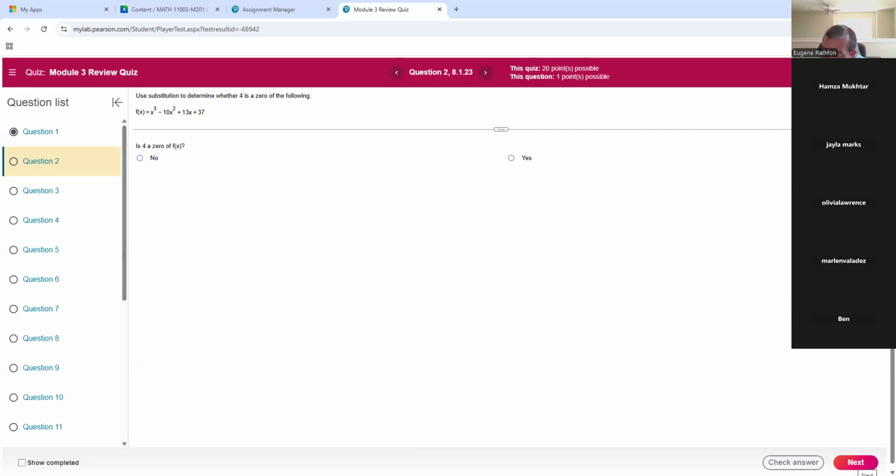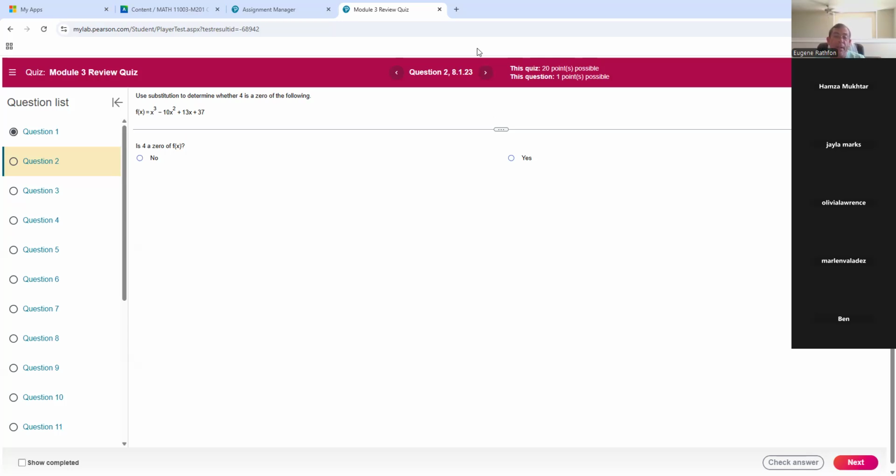All right, y'all, so number two, I'm going to write that down real quick and then we'll work it out. F of x equals x to the third minus 10x squared plus 13x plus 37. And they want to know, is 4 a 0? All right, y'all, so a 4 is going to be a 0 for that.